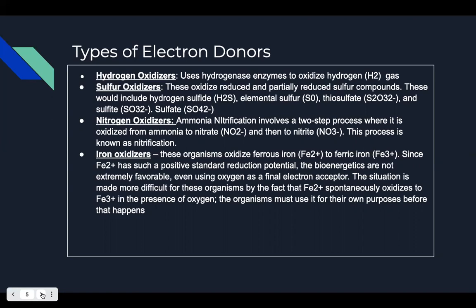Iron oxidizers oxidize ferrous iron to ferric iron, which goes from 2+ to 3+. And since ferrous iron is not a favorable reduction, that would make it very difficult to do.